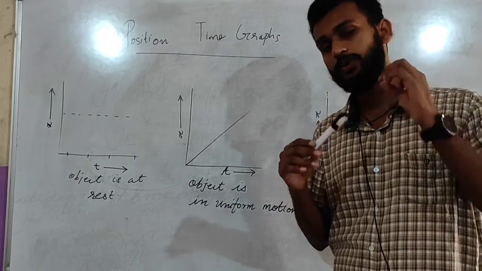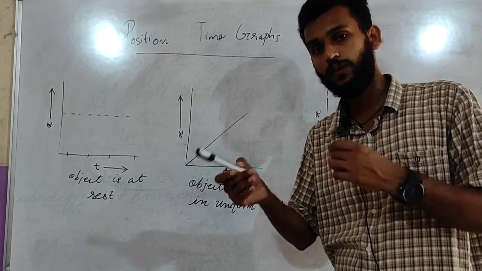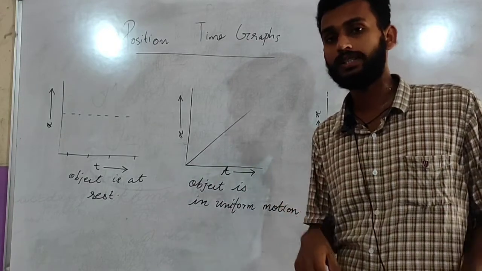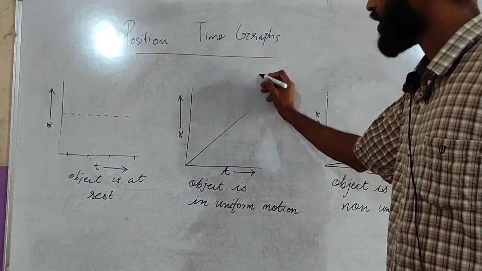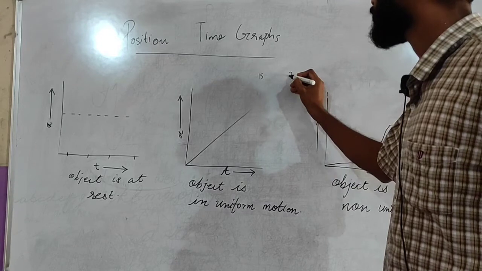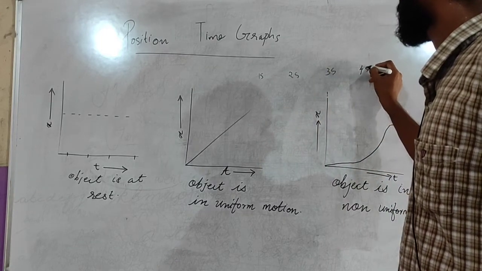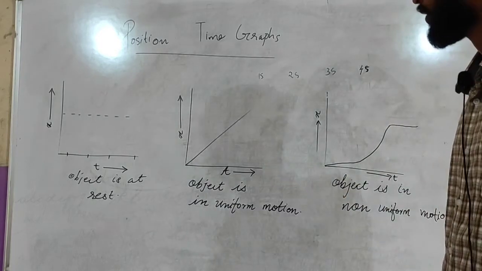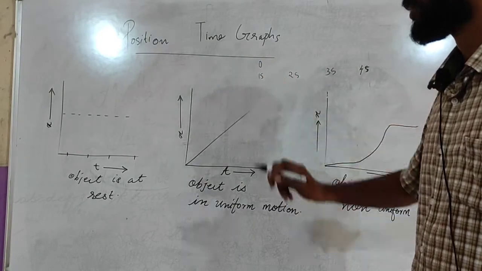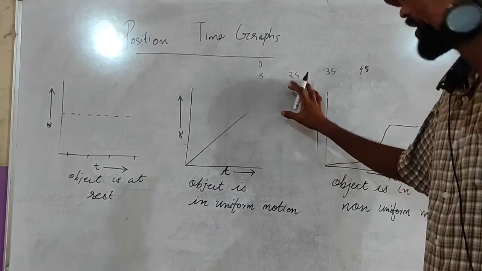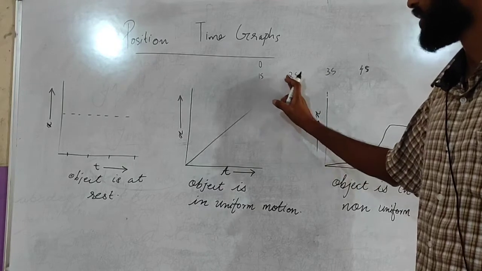Equal change in the position of the object for equal intervals of time. For example, if you are considering 1 second, 2 seconds, 3 seconds and 4 seconds, the position of the object at 1 second was 0. These are equal time intervals of 1 second, isn't it?